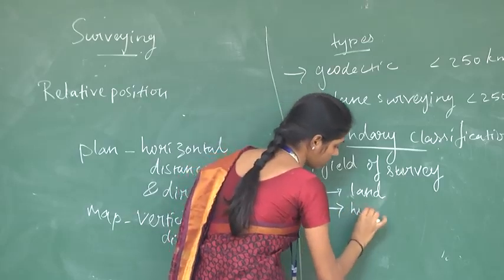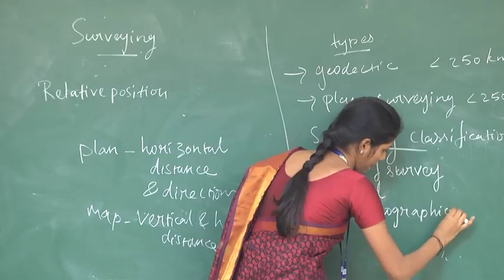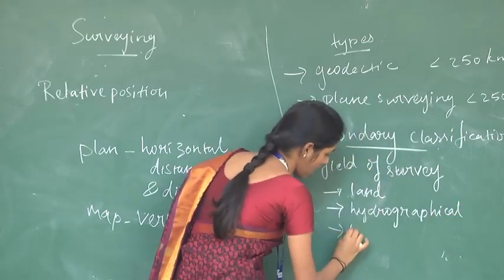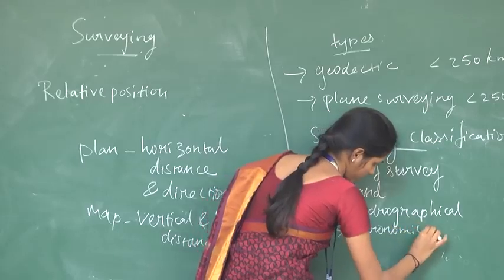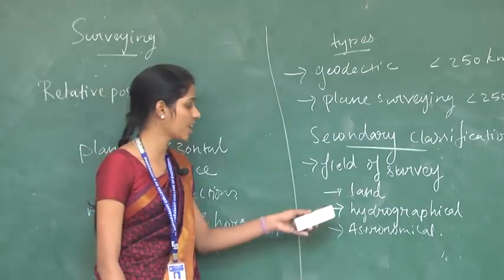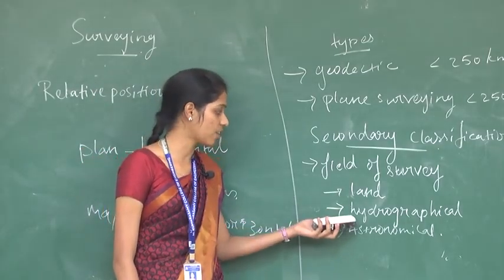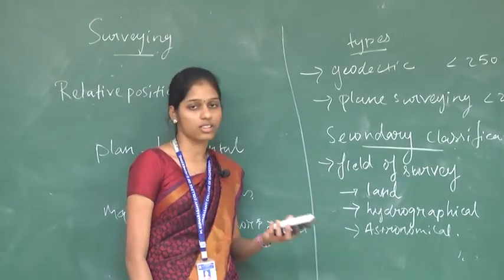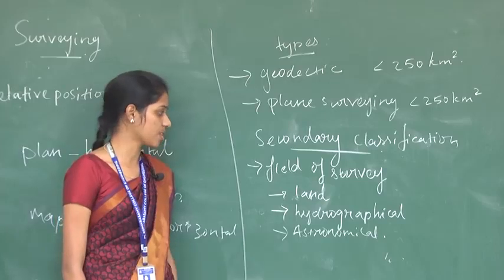Second one, hydrographical surveying, then astronomical surveying. Suppose we are surveying an area in the land, it is said to be a land survey, while surveying a water body, it is coming under hydrographical survey, and while surveying area in the space, it is said to be an astronomical survey.